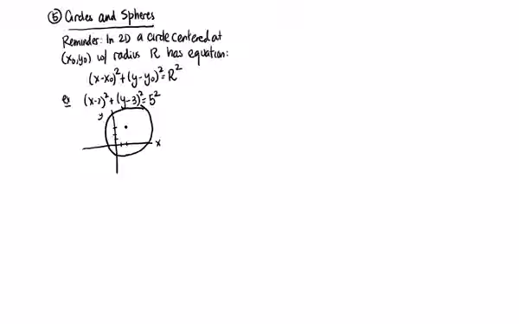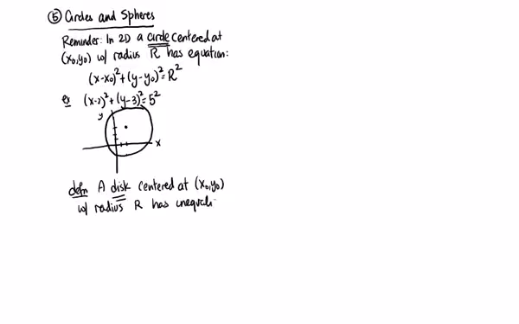Now, this is a circle, so I just want to add a term to this. This may not be a definition that you're used to. So a disk centered at x0, y0 with radius R has the inequality x minus x0 squared plus y minus y0 squared less than or equal to r squared.